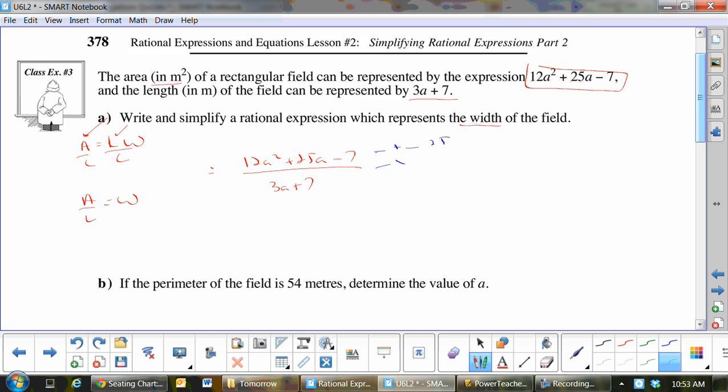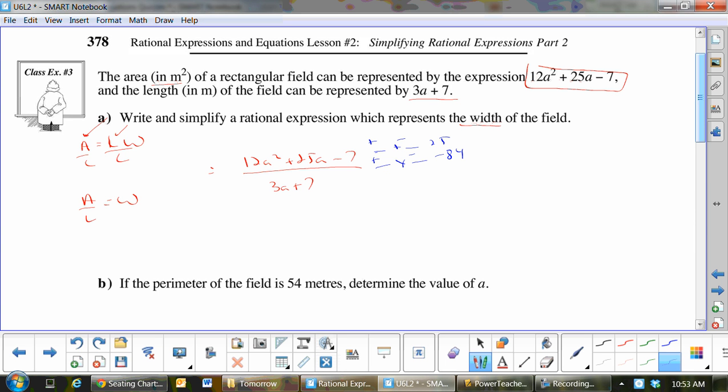what two things add to give me 25 and multiply to give me, what is that, negative 84. Okay, so we want to look at, first of all, what would the signs be? Nope. Yes. Nope. He's right, a plus and a minus. Right, because two negatives would have been a positive 84.